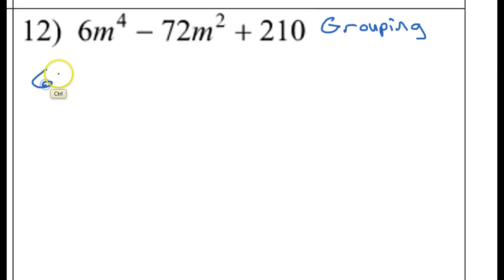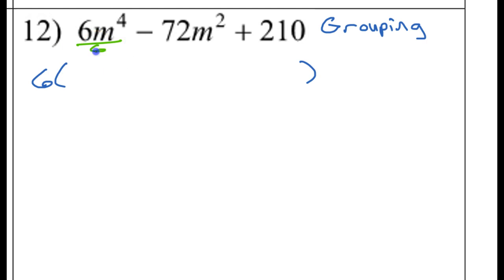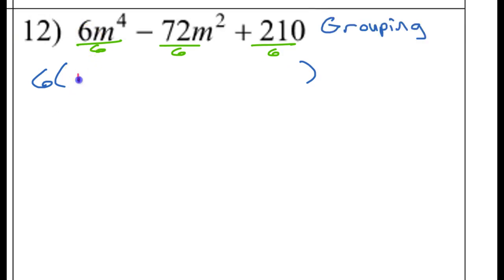Alright, so if I pull out a 6, which means, of course, I'm dividing everything by 6. Alright, so that means I'm going to have m to the fourth power minus 12m squared.